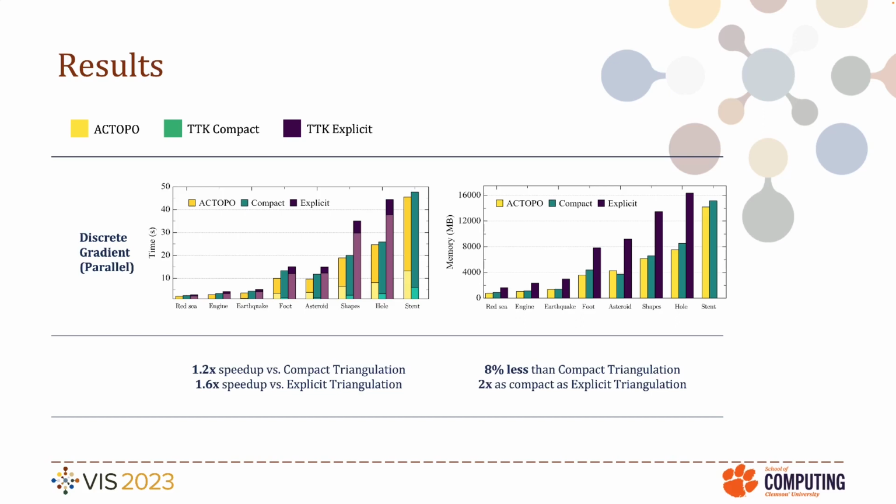It is 1.2 times as fast as compact triangulation, and even 1.6 times as fast as explicit triangulation. It uses 8% less memory than compact triangulation, and it is also 2 times as compact as explicit triangulation.